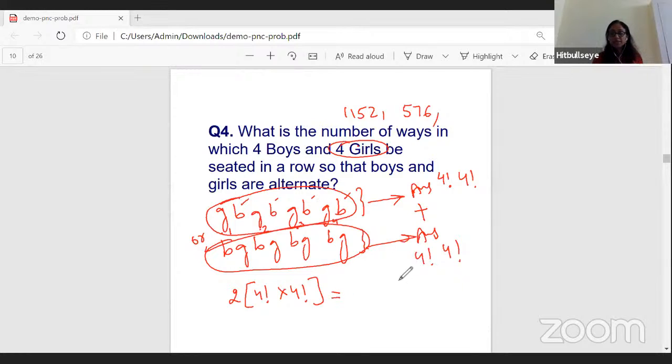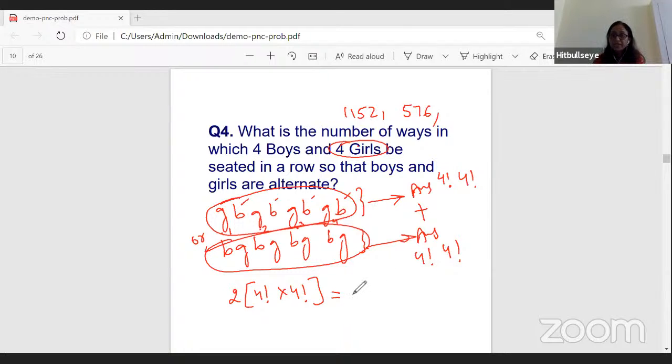Is this concept clear? Then we can look at the calculations also. Is the concept clear or not? Right. So when you calculate this, you get the answer as 1152. Is that clear, everyone?